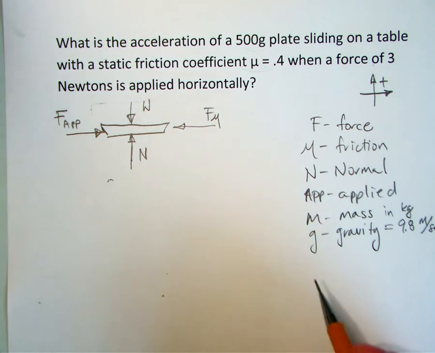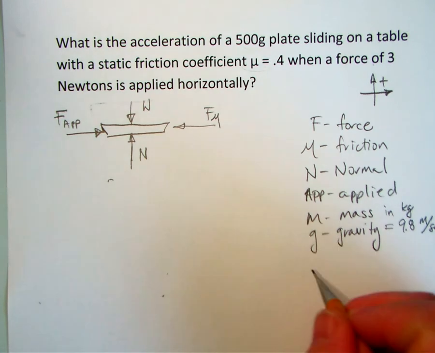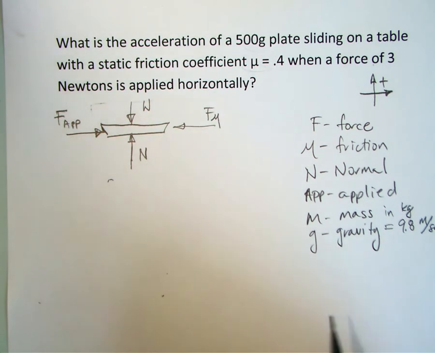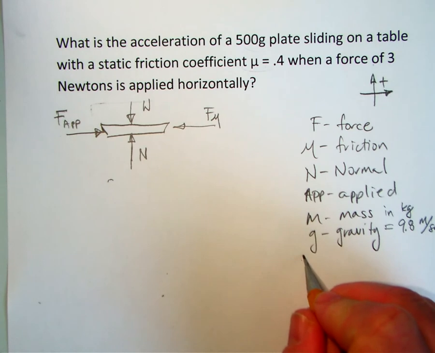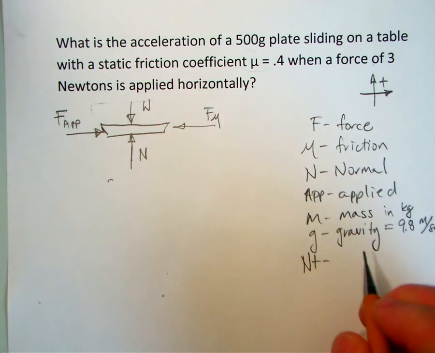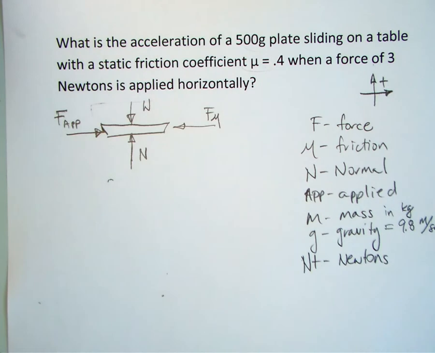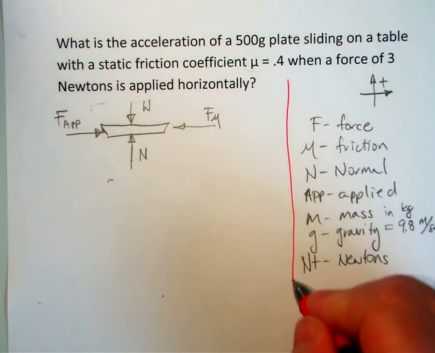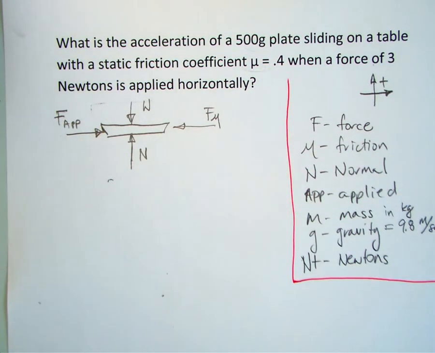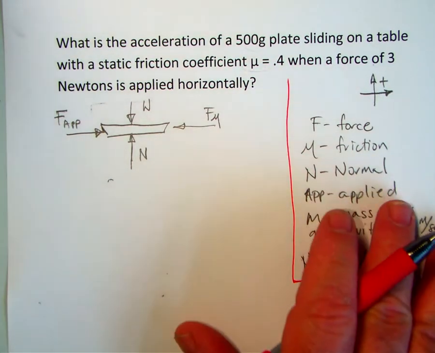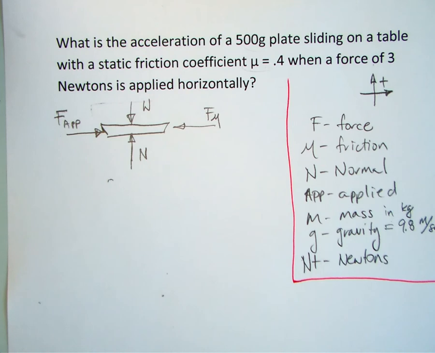Okay. And the last thing, since we have this N in here, we want to make sure that when we're using N, we're talking about normal. So we want to put NT for newtons. Okay. NT for newtons. And that should do us. As always, you can just wait to box it in or not box it in at all, but I like to kind of box mine in and keep it over there. It draws the reader's eye to that so they can decipher what's going on.